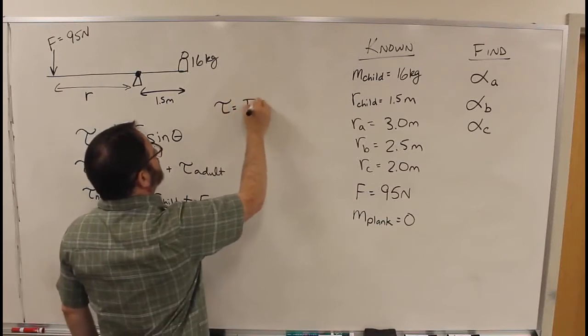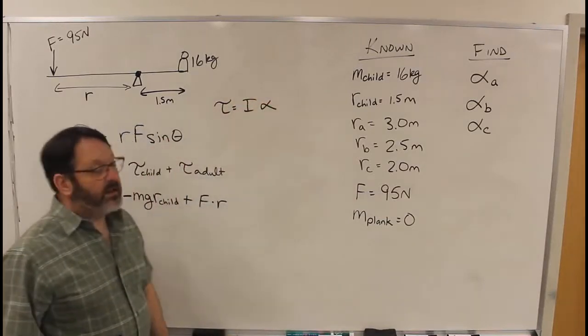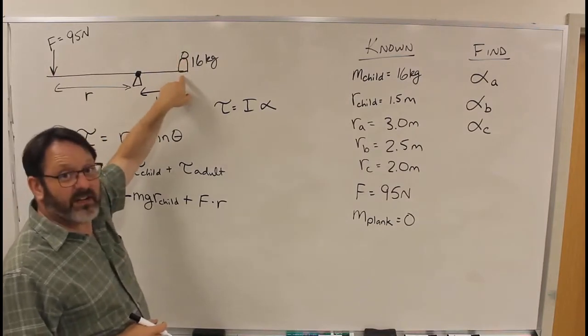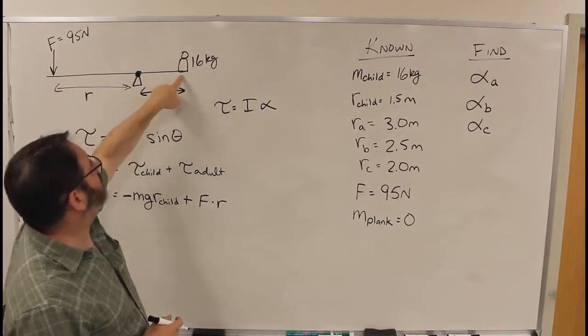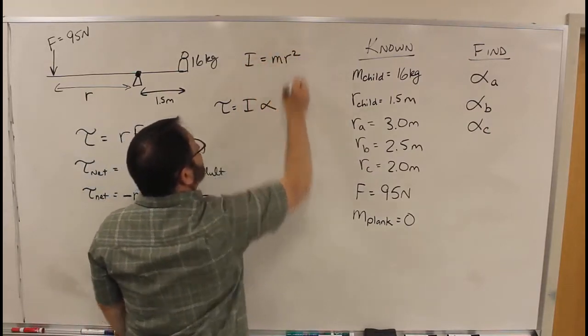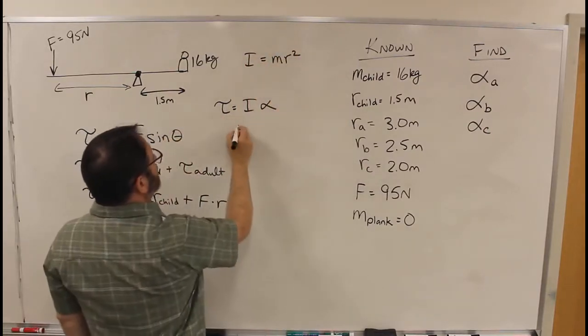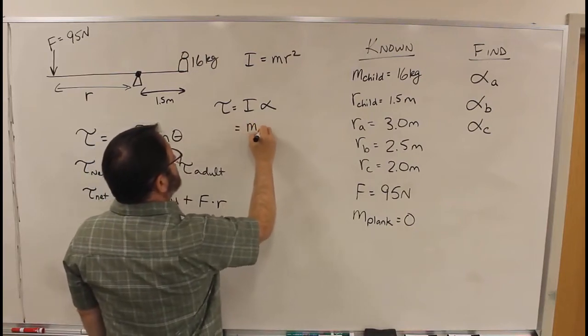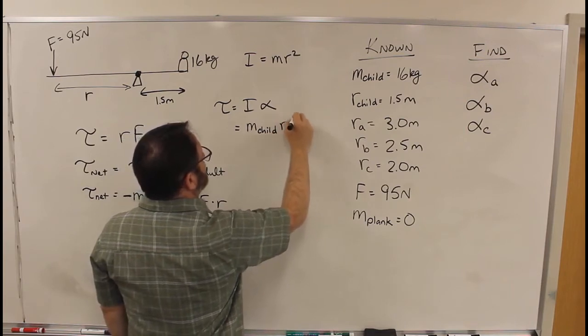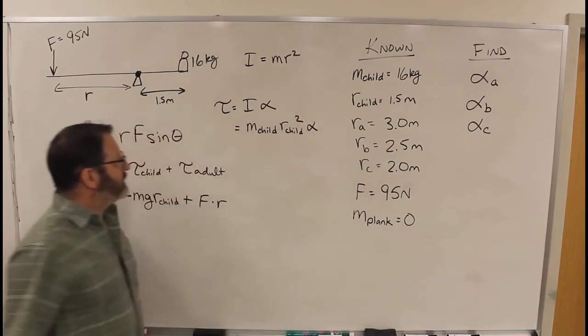Net torque is I alpha. The only mass we have to worry about here is the mass of the child. So remember, for a point, I is just m r squared. So torque is m child r child squared alpha.